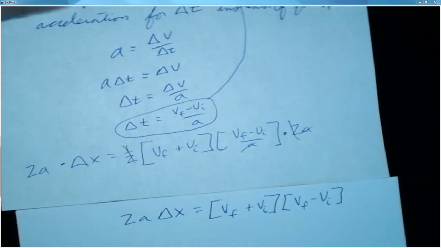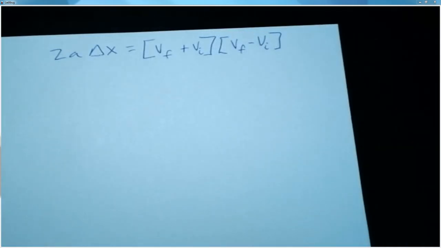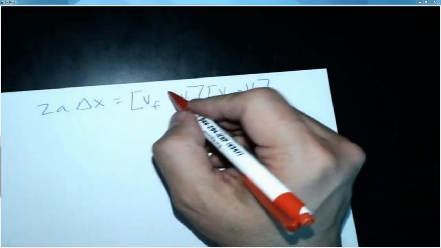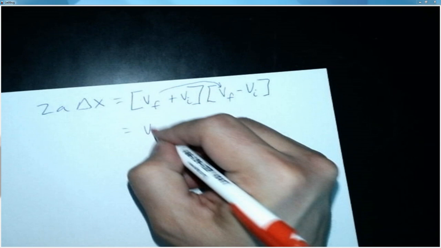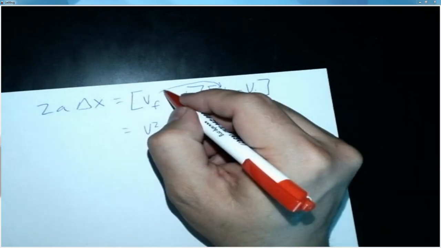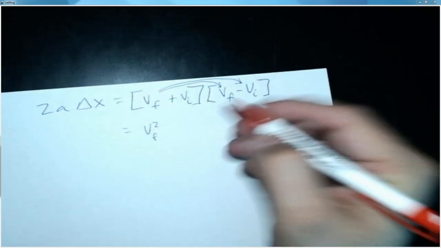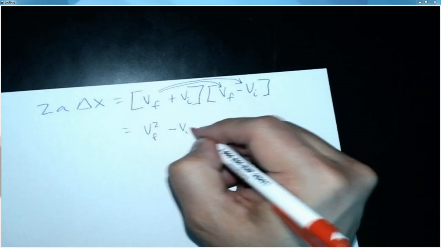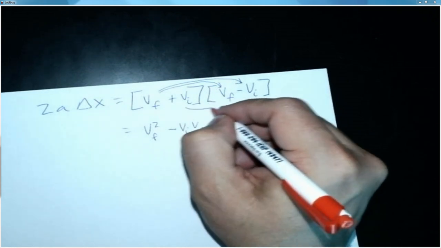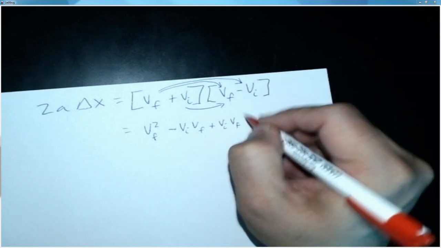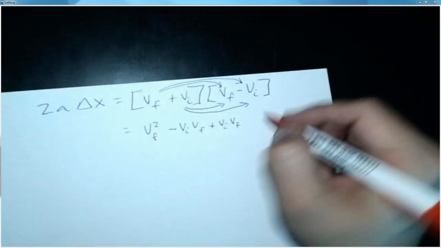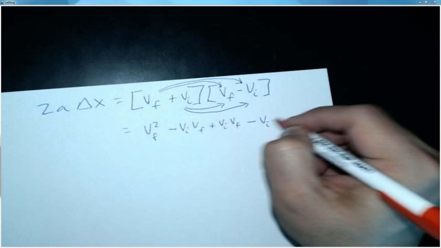Y'all have done the sum of squares, the difference of squares, that kind of thing before. So I bet you know what's coming, or I hope you do, if you've had a math class before. So this times this is going to give us VF squared, and this times this is going to give us negative VI VF, and then this times this is going to give us plus VI VF, and this times this is going to give us negative VI squared.